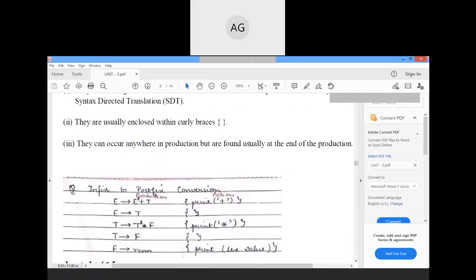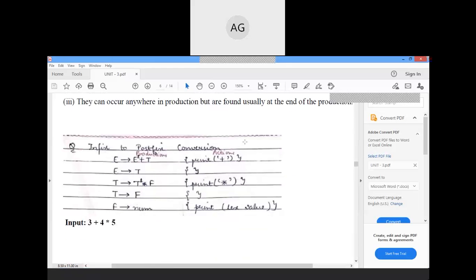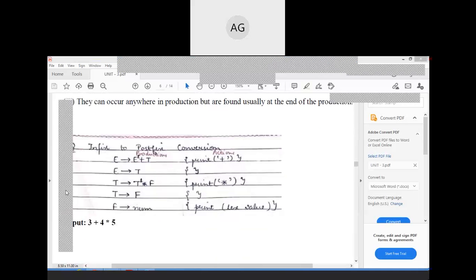So the first numerical is, we are going to calculate the infix to postfix conversion. Here, as you can see in the table, on the left hand side, productions are there.